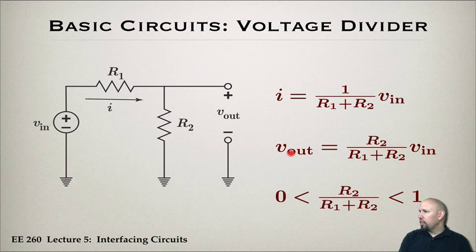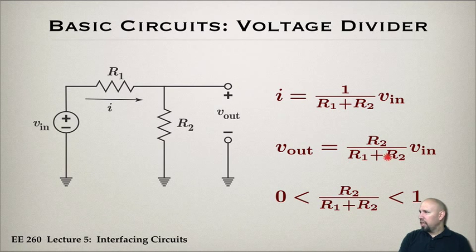The output voltage, V out, is equal to this times V in. So this number could be almost 1, or almost 0, depending on the values of R1 and R2. In terms of output voltage, the maximum voltage I can get out of here is V in, and that's only if R2 is very large. Notice if R2 were infinite, this quantity would be exactly 1, because R1 plus infinity is basically just infinity.